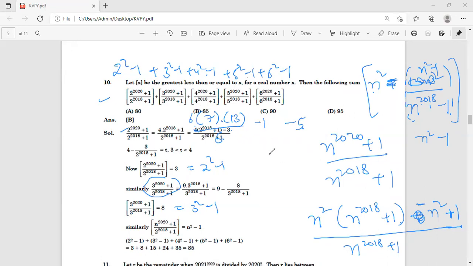So check this value, you'll get answer as 85. Okay, now this is 91, minus 1 is 90, 90 minus 5 is 85.